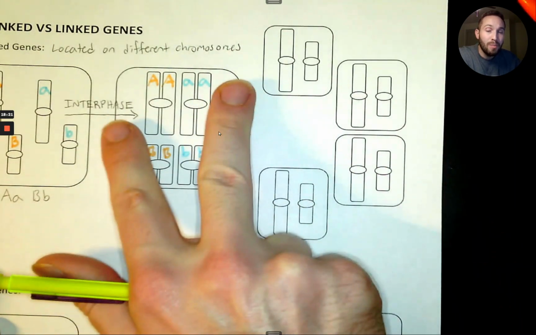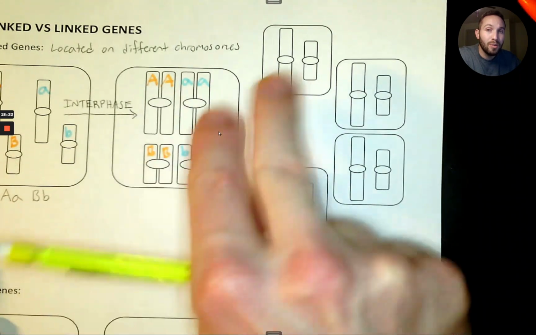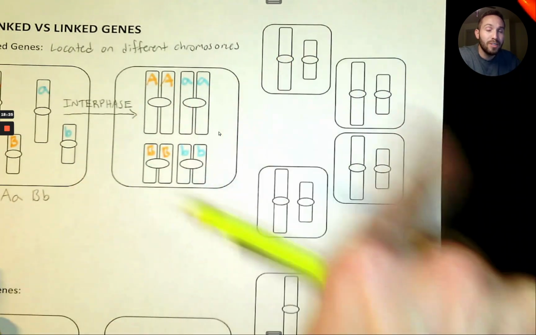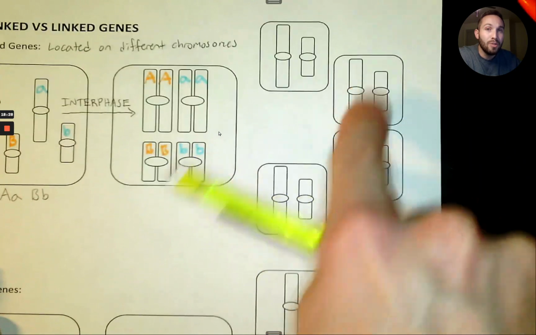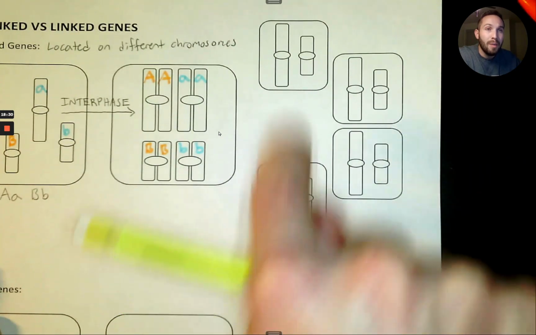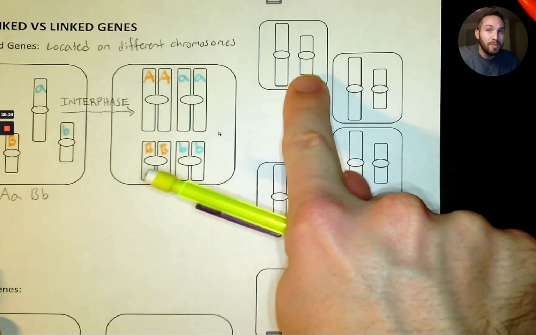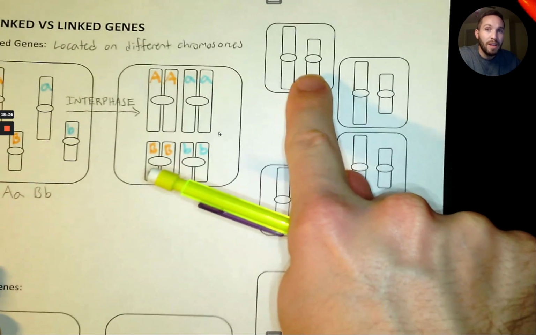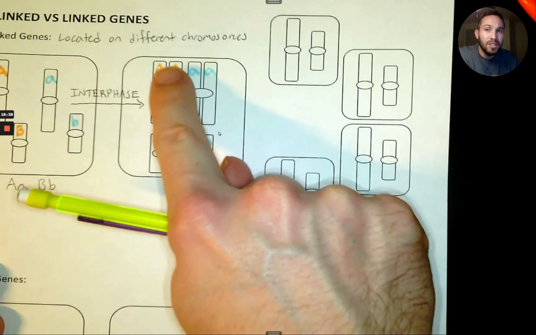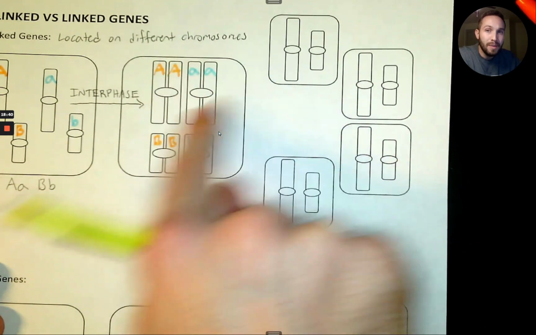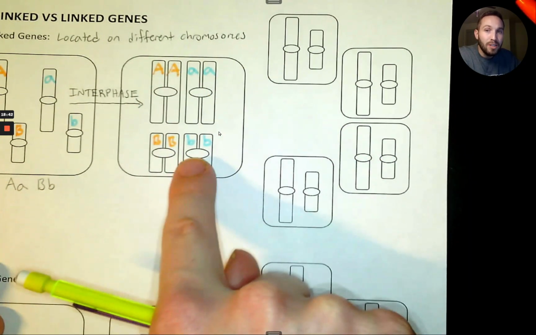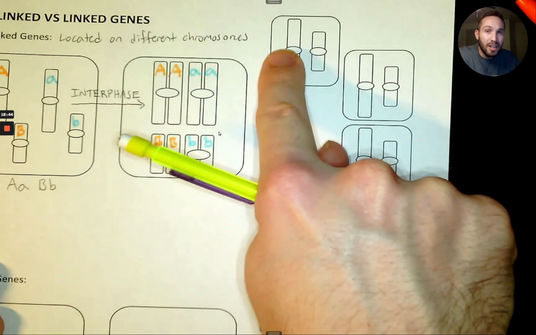Once you separate the homologous chromosomes into 2 daughter cells, and then you separate the sister chromatids, you should now have 2 chromosomes in each one, each containing a single copy of each chromosome, the large one and the small one. The one that has gene A, the one that has gene B, which really, in reality, means that you're just taking one of these chromatids and joining it with one of these chromatids and packaging it into a daughter cell.